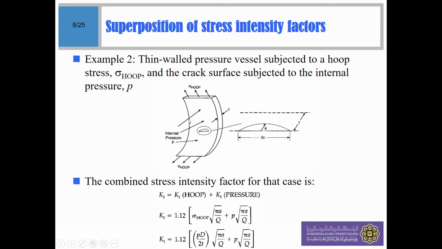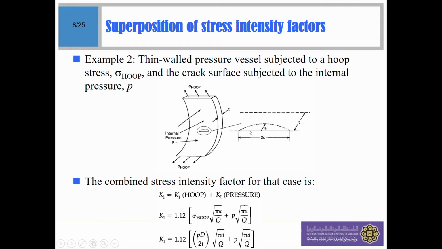Let's consider this is a case, and you have internal pressure like gas or something pushing the surface of the body. Due to the crack, the internal crack surface, the crack also consists of thickness.